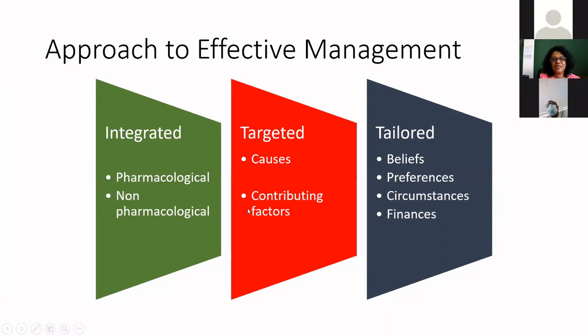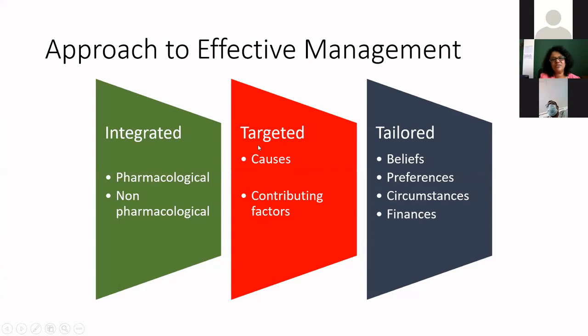So if the pain got worse due to superadded infection, we give antibiotics and treat the infection to improve the pain. If the shortness of breath got worse due to pneumonia, we give antibiotics. So we need to target the cause as well as the contributive factors.